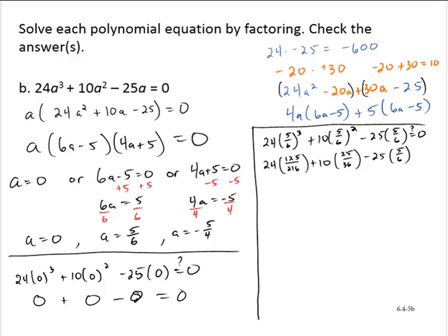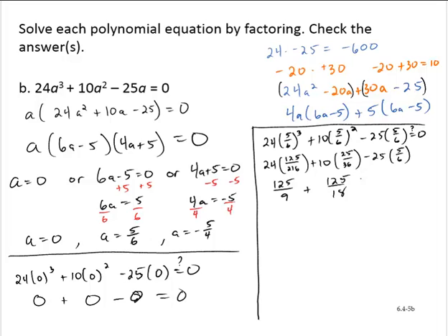All right, and let's see then. 24 times 125 over 216. I'm going to use a calculator just to make this a little bit easier for me. So let's see, 24 times 125 over 216 ends up being 125 over 9. 10 times 25 over 36 ends up being 125 over 18.